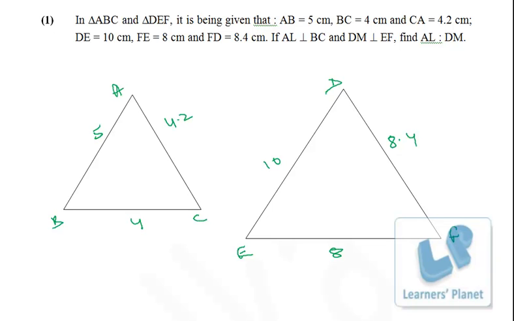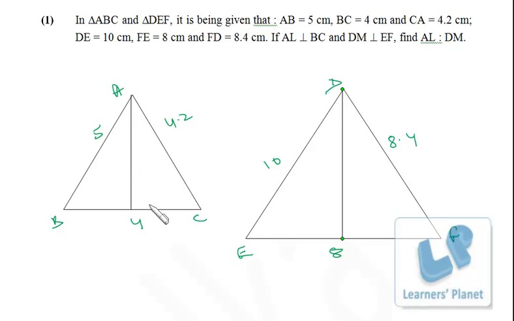First of all, I just draw the two triangles, ABC and DEF. If AL is perpendicular to BC and DM is perpendicular to EF, then find AL is to DM.